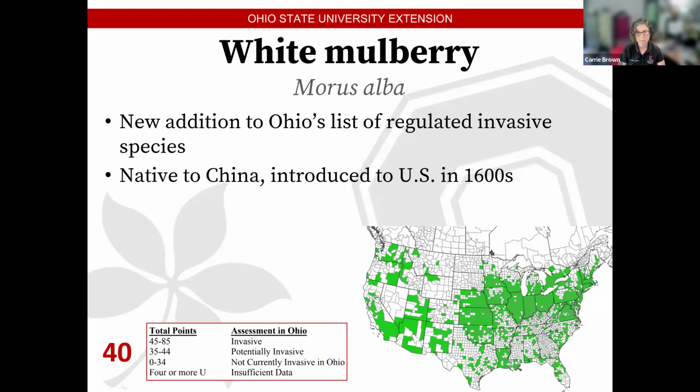Morus alba, so white mulberry, is similar in what it looks like compared to our native red mulberry, but it can be distinguished by its leaves. So white mulberry, which is our invasive mulberry, has leaves that have glossy surfaces, whereas the leaves of our native red mulberry are not glossy and they're kind of rough in texture.